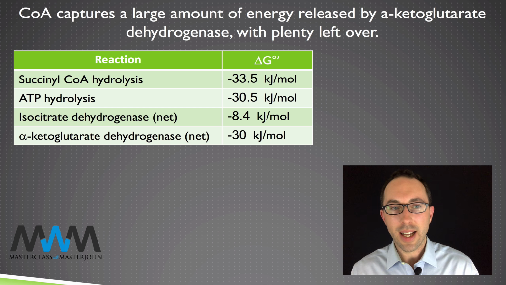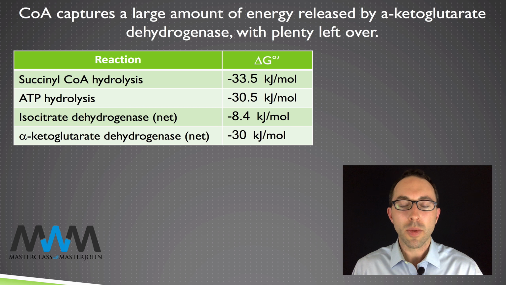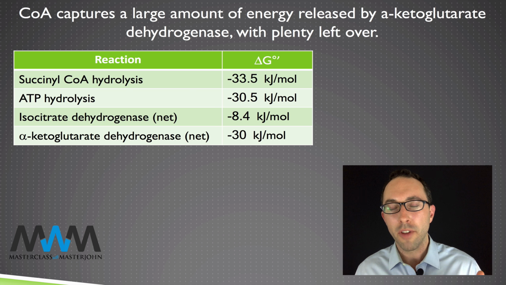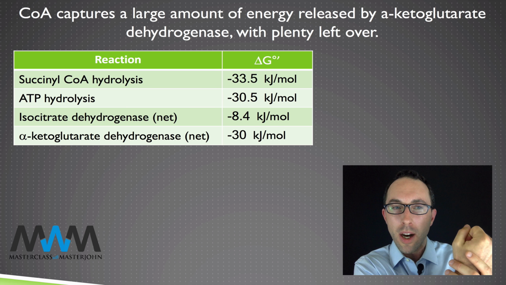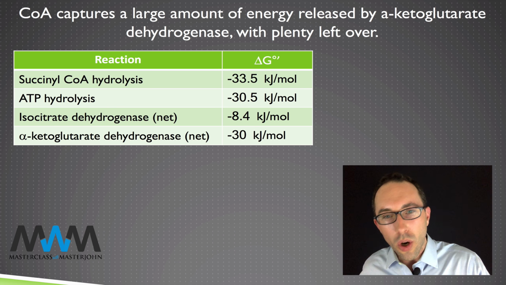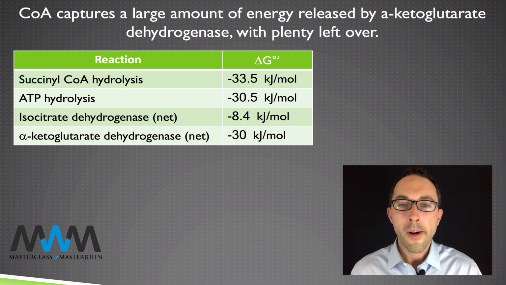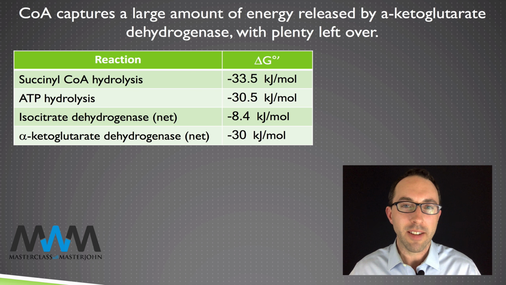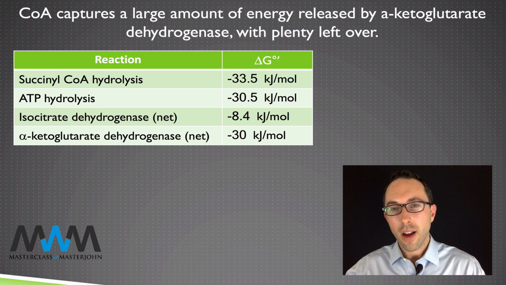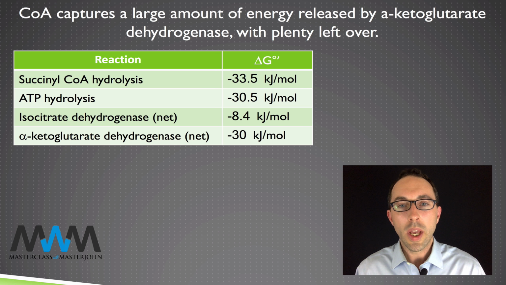So if we think back to the enzyme and how it worked, one of the reasons that it was so complicated, with the flexible arm of the lipoic acid moiety of enzyme 2 reaching in to grab what would ultimately become the succinyl group and take it down into its own active site to succinylate CoA, is that if we hadn't done these things deep in the pocket of an active site designed to provide the right context to facilitate those reactions, we would have wasted the energy because there would be no way to capture it as ATP.